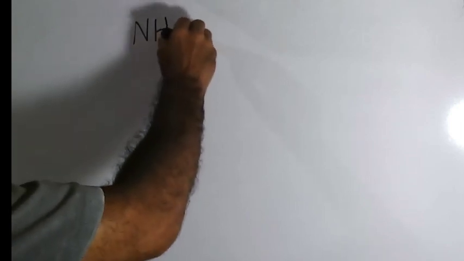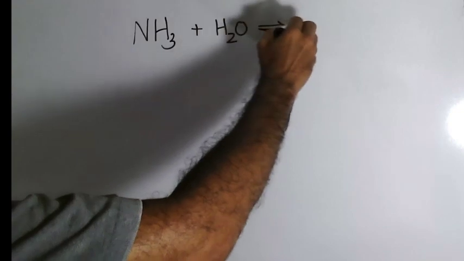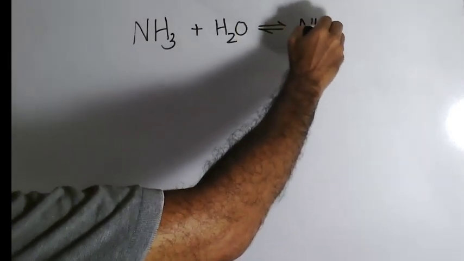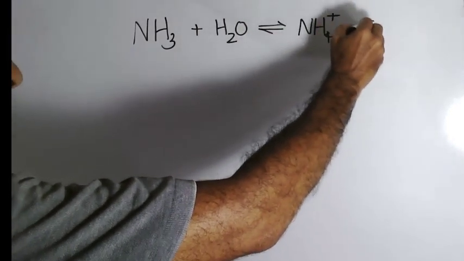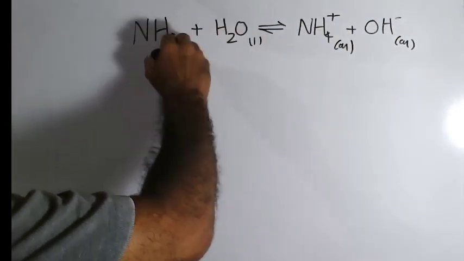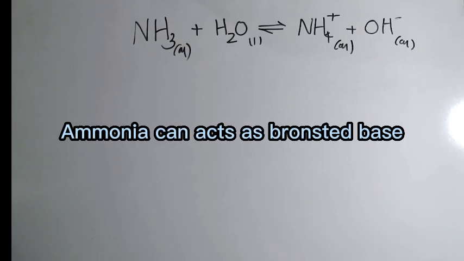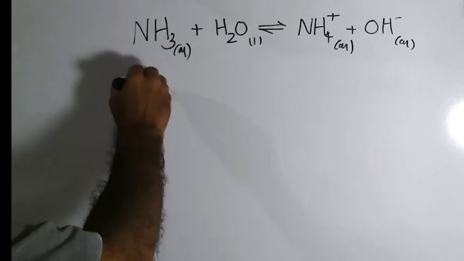Let us consider ammonia. Ammonia in aqueous system accepts a proton from water and forms ammonium ion. Let us say this is aqueous medium. Because ammonia can accept a proton from water, it acts as a Bronsted base.